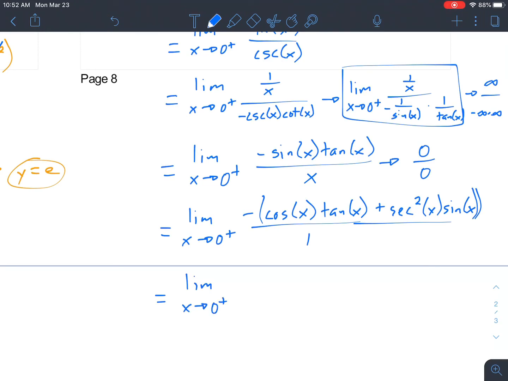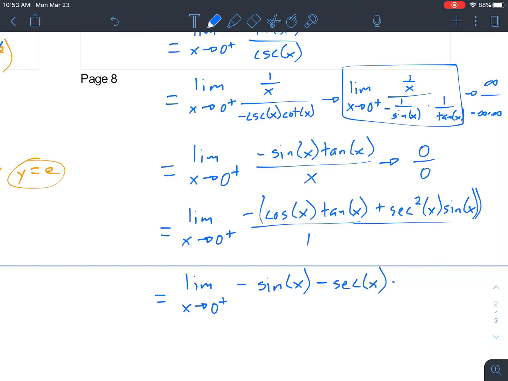Then we can simplify now. Tangent is sine over cosine, so cosines will cancel and we're left with the negative sine of x there. And then for this part, secant is 1 over sine, so that can cancel and we're going to be left with minus secant of x.